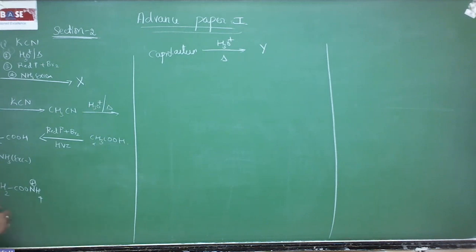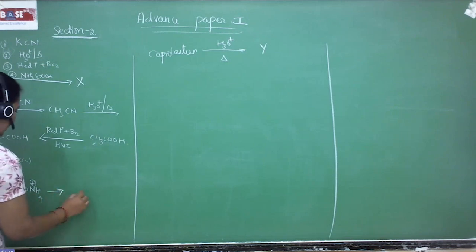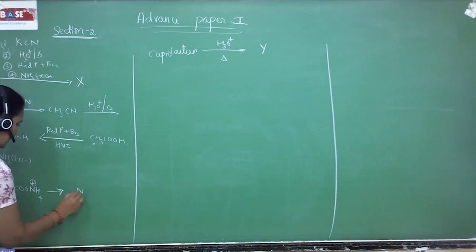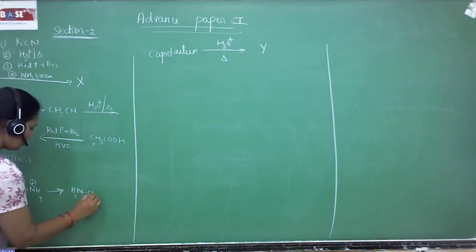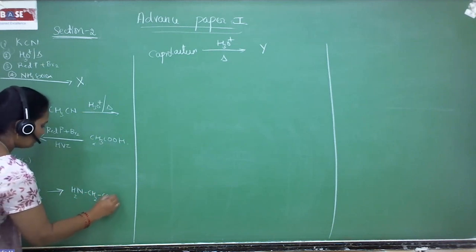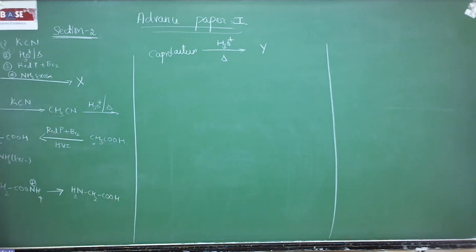Okay, then they've given that on hydrolysis, X, you have to hydrolyze this. When you hydrolyze this, you're going to get glycine. Glycine is NH2, CH2, COOH. Okay, so we are going to heat it also here. We are going to hydrolyze it. So you're going to get glycine.